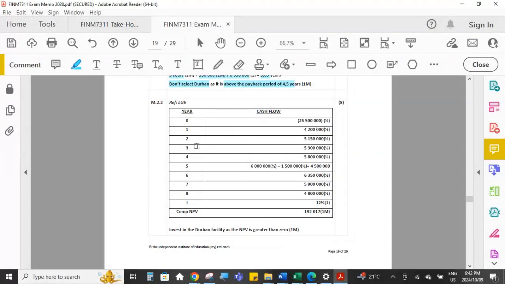So everything must be there. Here is our initial cash flow out at time 0, and then our 8 years, and these are all cash flows in. And again, don't forget, they told us that in year 5, which wasn't included in the table that they gave us, we have to pay out an extra 1.5 million in year 5 as well. So the net cash flow for year 5 is going to be 4.5 million cash flow in.